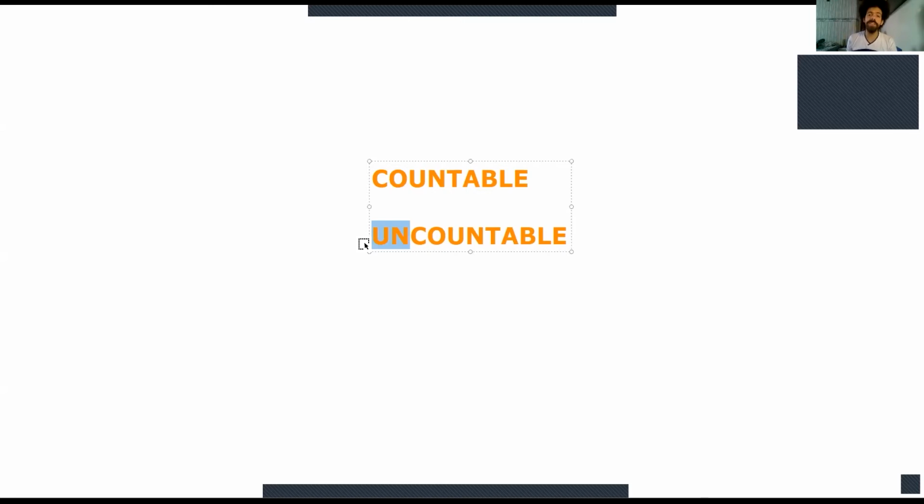So we need to understand how to grammatically interact with these objects, with these substances, considering the capacity we have of counting them or not counting them.